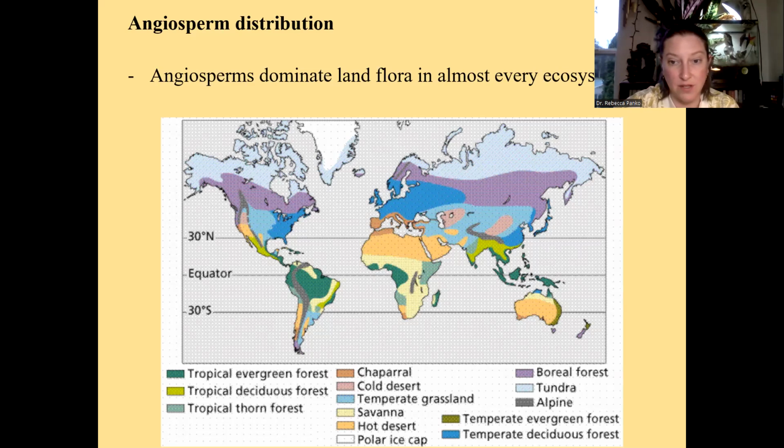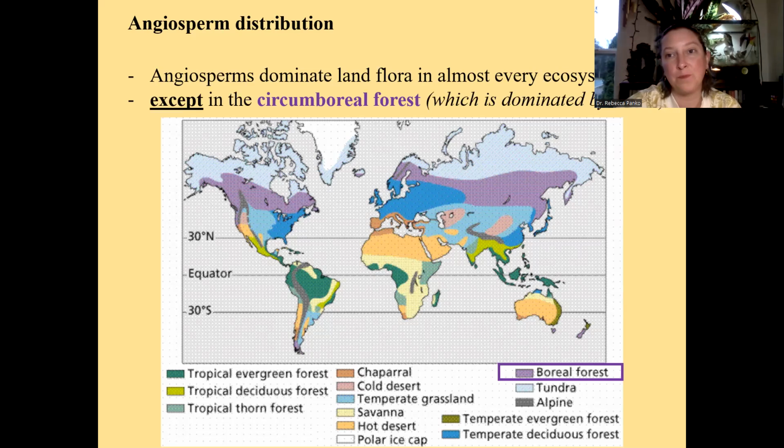Almost every ecosystem, because when we were learning about another plant in the seed plants, right? There's a type of ecosystem that is shown on this slide in purple called the circumboreal forest. And we learned in a previous lecture that a different type of plant is dominant there.